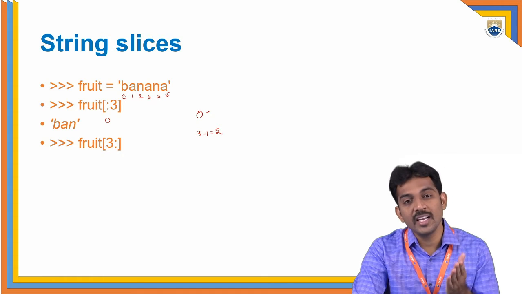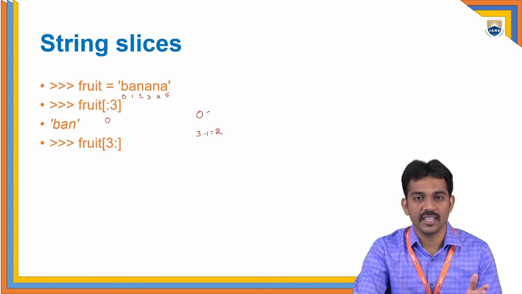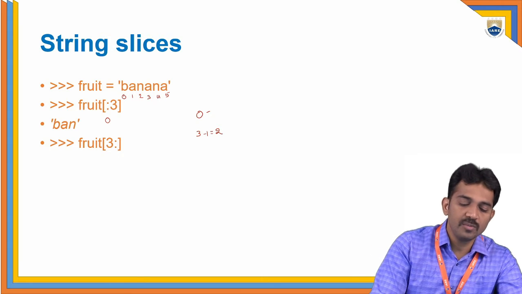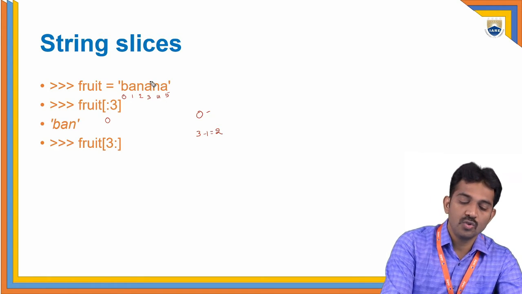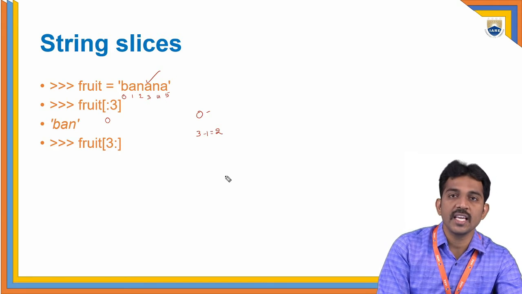It is going to print from the starting character you have given until the last character. What index have you given? 3, right? From 3 it starts with A, so from A to the last character. What is the last character? A, right? So it prints ANA.